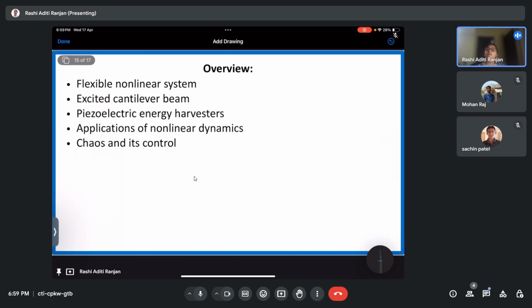Chattering means there is some kind of unwanted vibration inside the system, experienced by the system because of maybe tool wear, or improper fixtures, because your tool or your workpiece is not fixed properly with the table, and because of that it vibrates when the tool comes in contact with the workpiece.